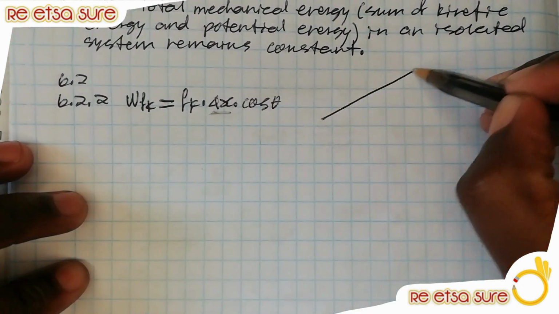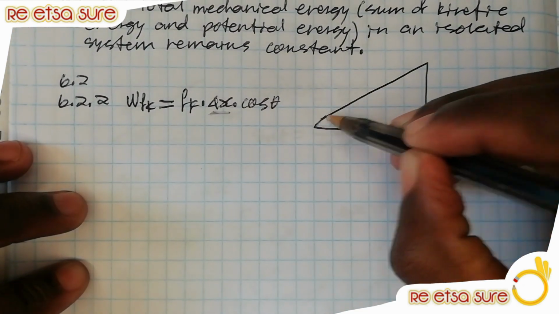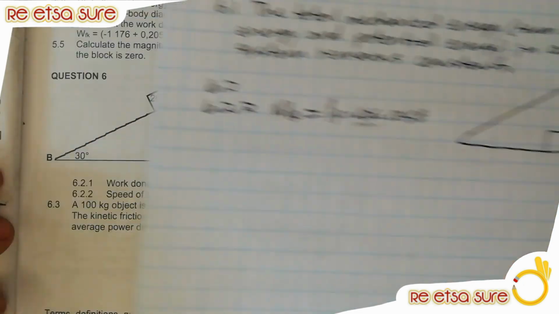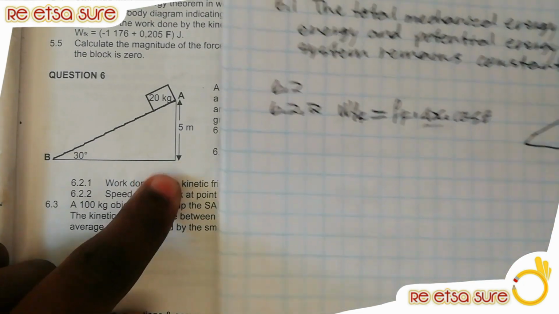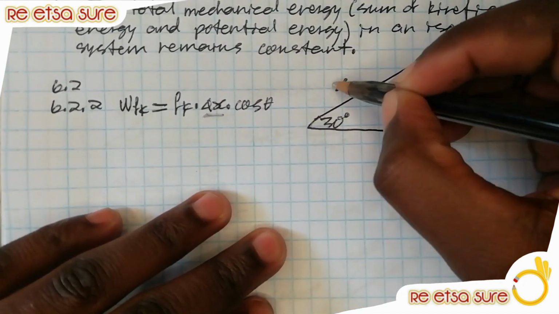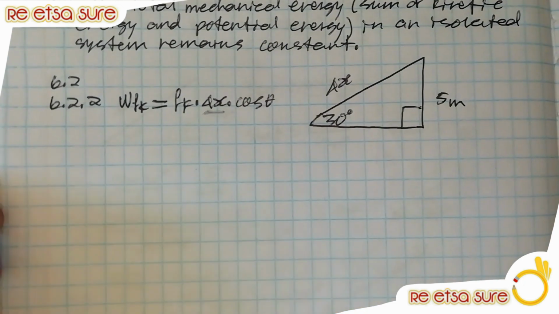So we have a right angle triangle. The height above the ground is 5 meters long. The angle is 30 degrees and our displacement is the hypotenuse.